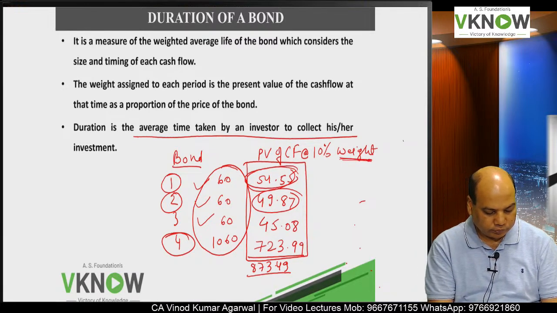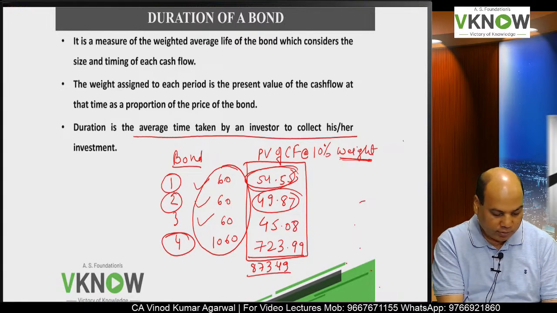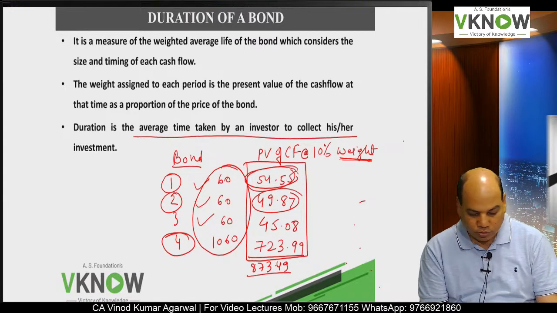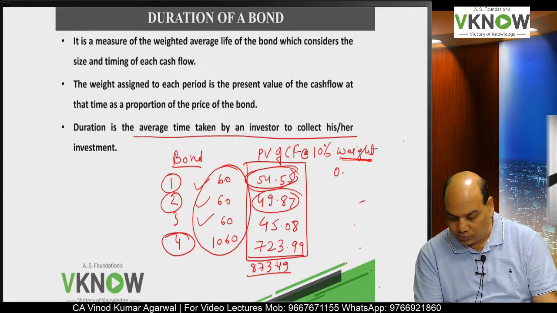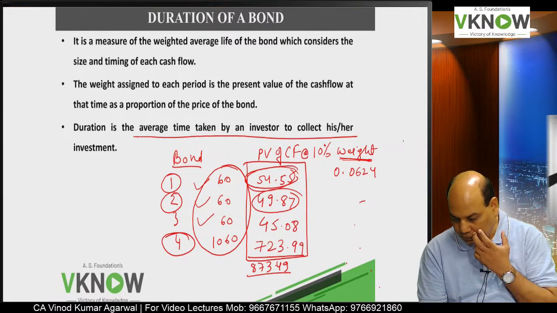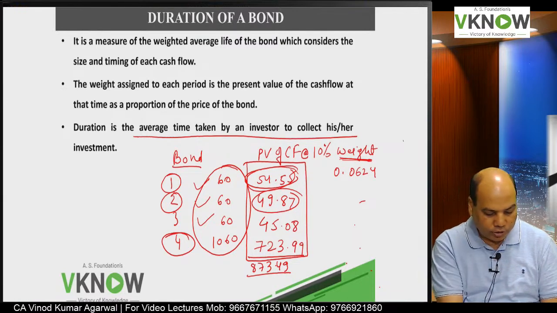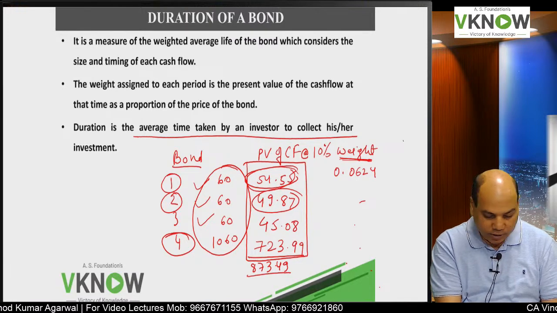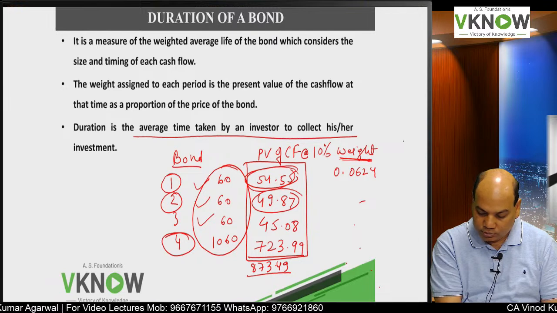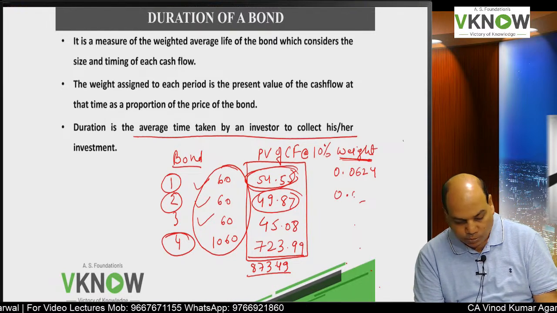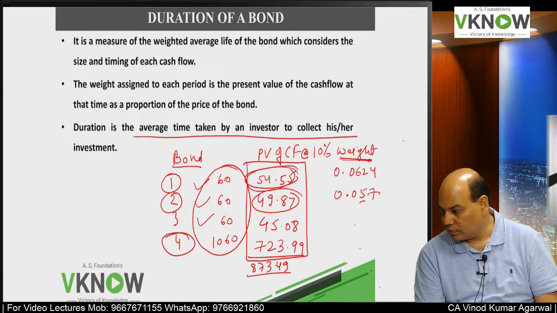54.55 divided by 873.49. So the weightage given to this is 0.0624. Then you will take 49.87 divided by 873.49, and the weightage to this cash flow will be 0.057.